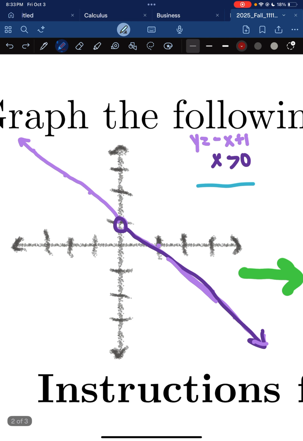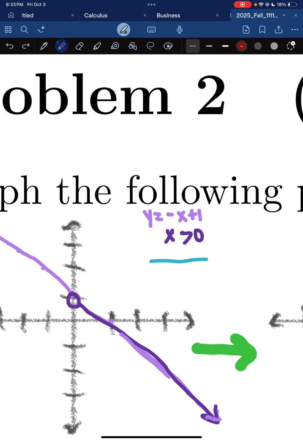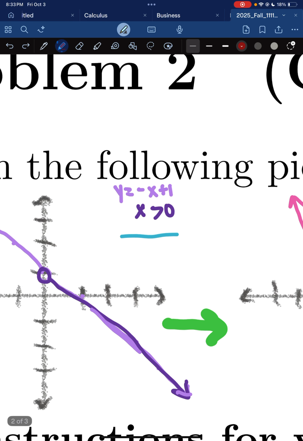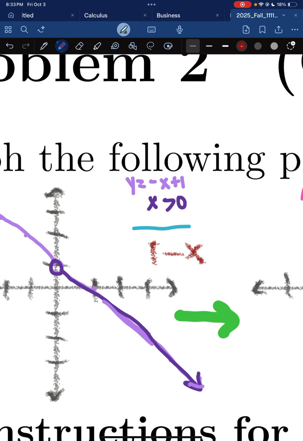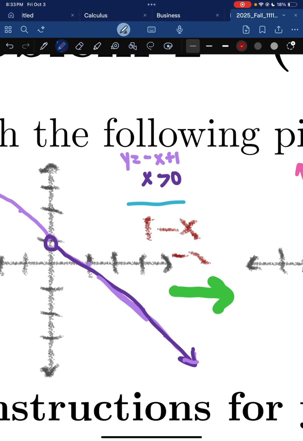Same thing for this one. Let's see. We are given 1 minus x, which we can also rewrite as negative x plus 1, which is easier to tell from that.